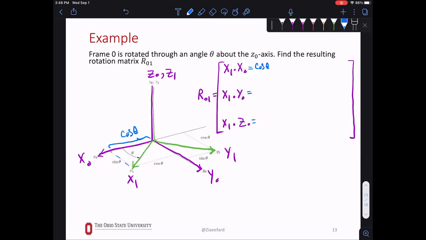How about x1 dot product y0? So x1 and y0. This. What is that distance? Sine of theta. Now, if you were going to find x1, y0, and this angle, what is this angle? 90 minus theta, right?